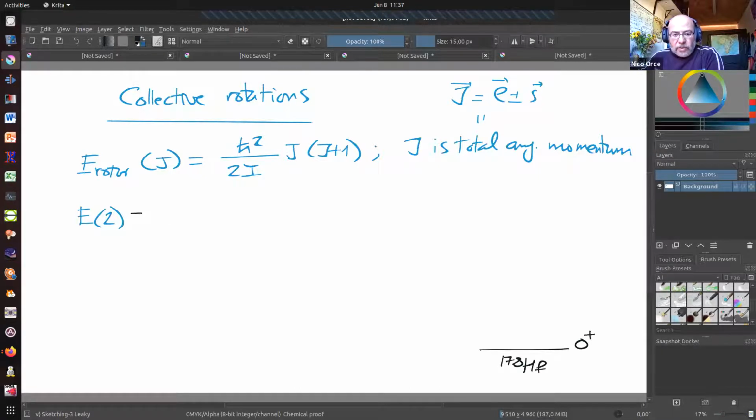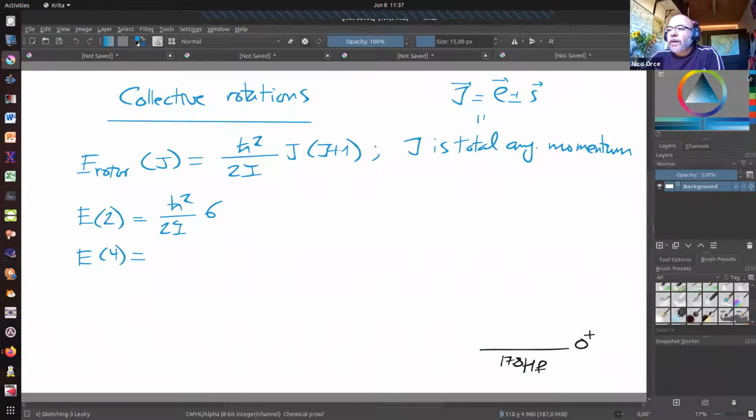So the energy of the 2 plus will be equal to h bar squared over 2 times the moment of inertia, 2 times (2 plus 1), 3 times 2, 6, right? Now let's do the same thing for the 4 plus, E4.